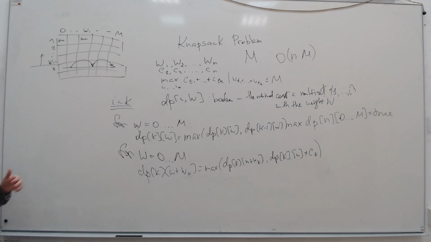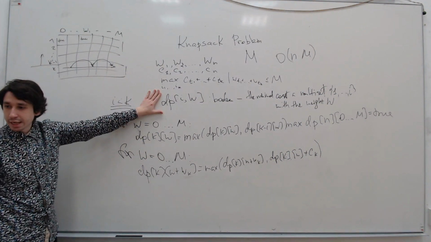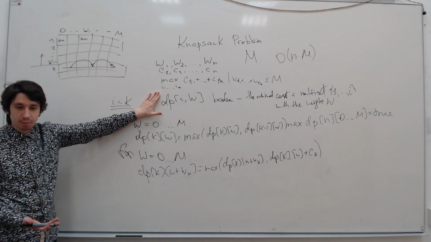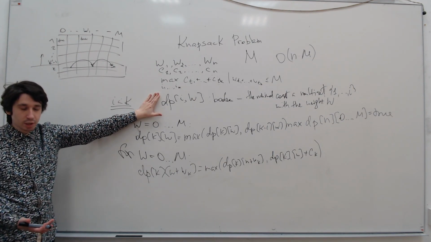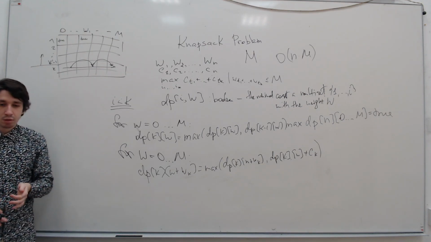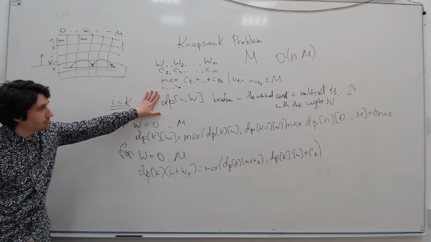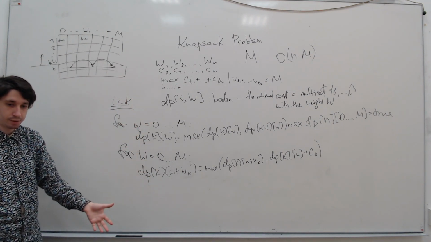Do you understand what dynamic programming we are calculating? Like the idea, what is dp i w? Yeah, it is clear. Okay, if you understand what the dynamic programming is, the question is how to recalculate it.